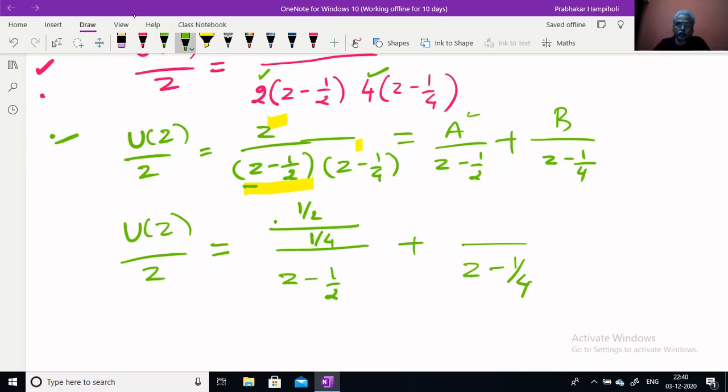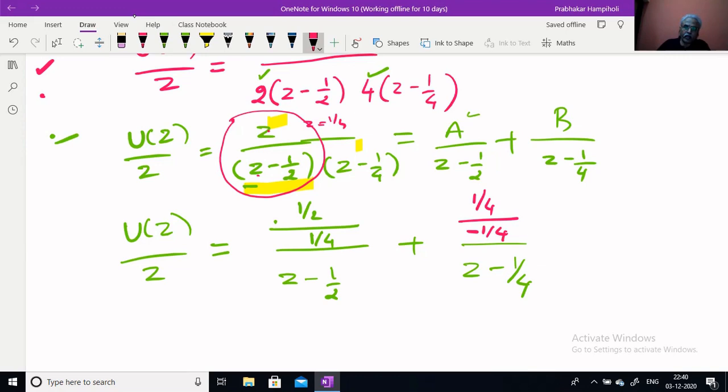Similarly here, to find B, you will leave this z minus 1 by 4, and in the remaining part you put z equal to 1 by 4. So 1 by 4 divided by 1 by 4 minus half is minus 1 by 4.